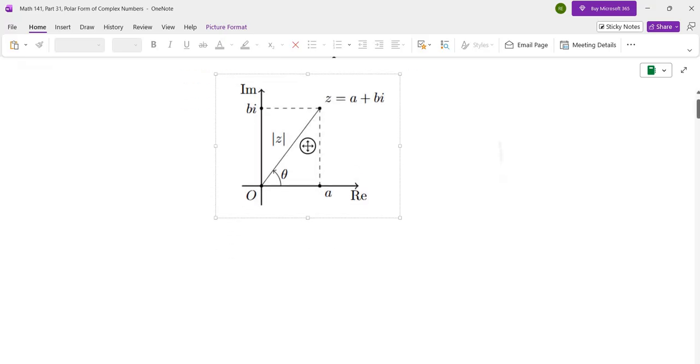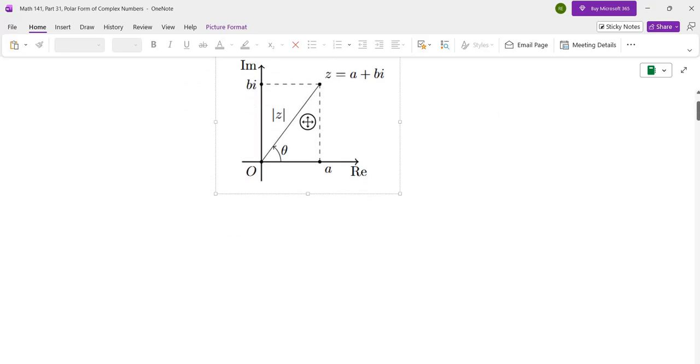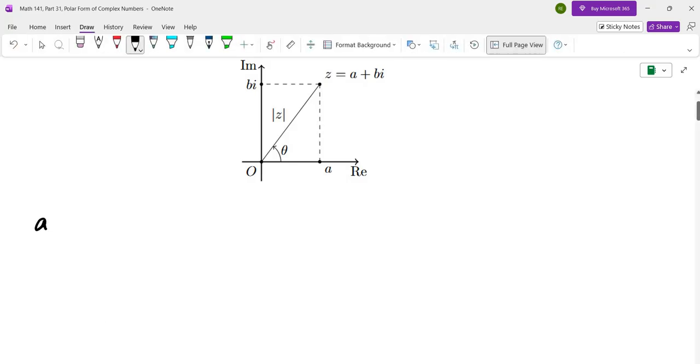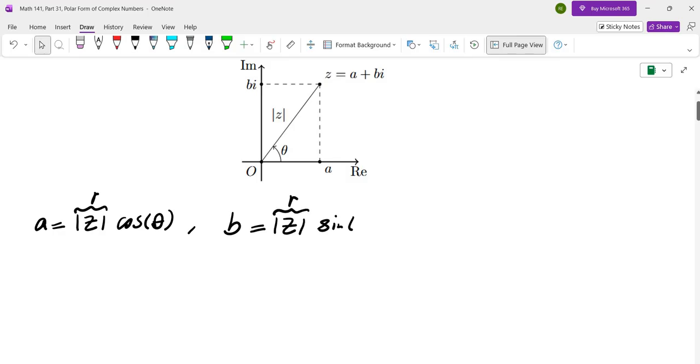We have the horizontal axis, which is the real axis, and the vertical axis, which is the imaginary axis. The horizontal axis is basically the x-axis, and that is equal to r, which is the distance to the origin, times cosine of theta by the formula for the polar coordinates. And b, which is the vertical coordinate, is r times sine of theta.